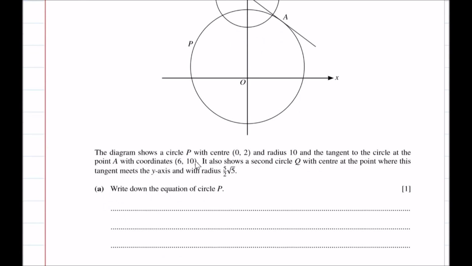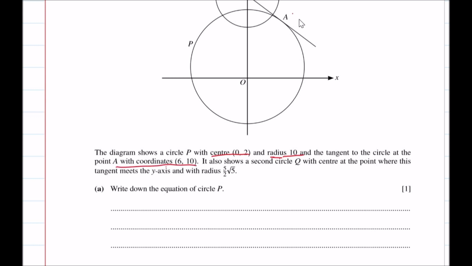The diagram shows a circle P with center 0, 2 and radius 10. So here center given, radius given, and the tangent to the circle at the point A with coordinates 6, 10. Point A coordinate is this.